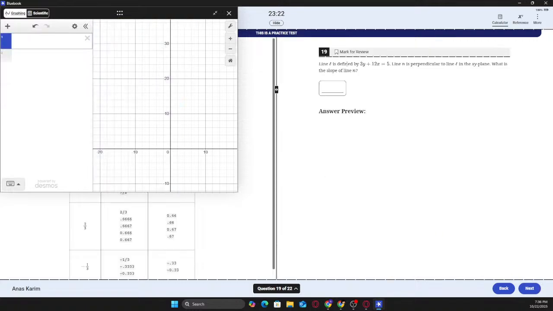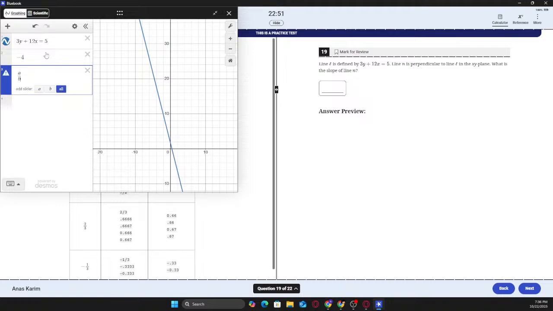Line L is defined by this. Line N is perpendicular, so perpendicular means that it strikes it at 90 degrees, right? We look at this as 3y plus 12x equals 5. So we have a negative slope right here. So the slope is negative 4, and when we're talking about a perpendicular, you're going to take the negative reciprocal.